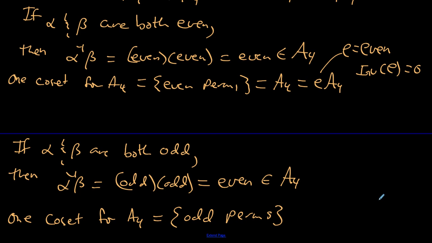Well, what this means is that we can now define an operation on the set of two left cosets, and we can make it into a group. So let's see how that looks. S4 mod A4 is going to consist of two cosets.